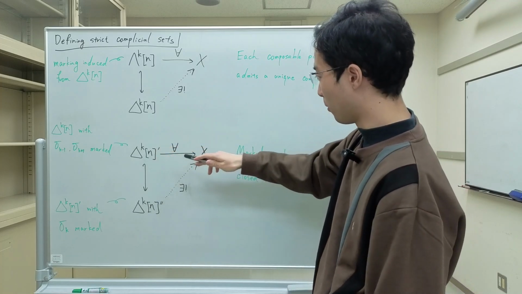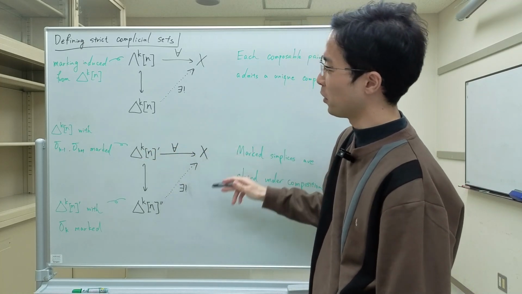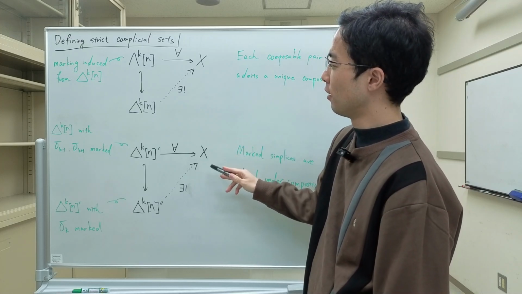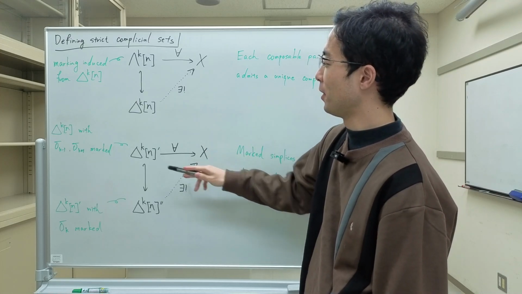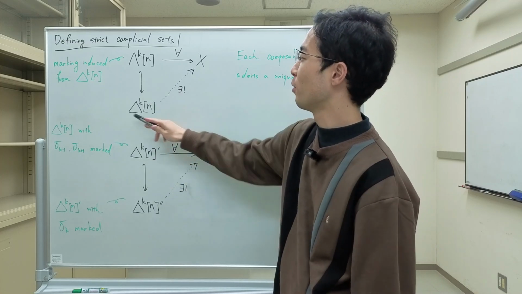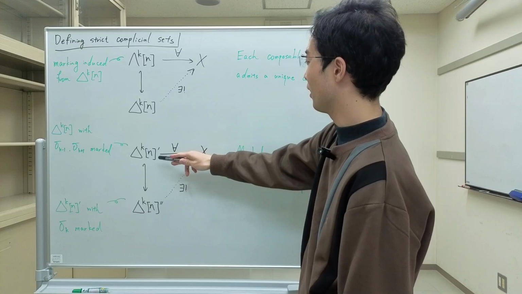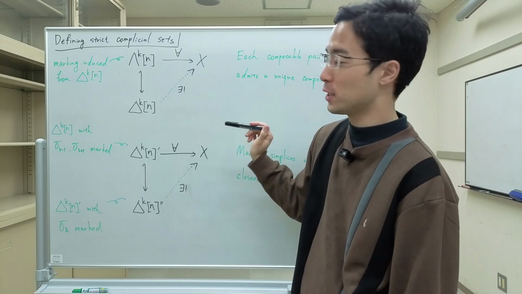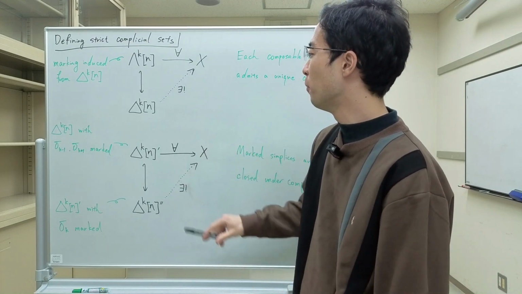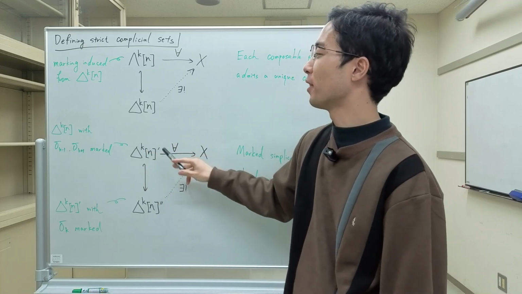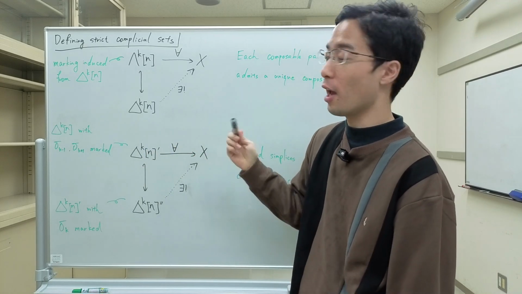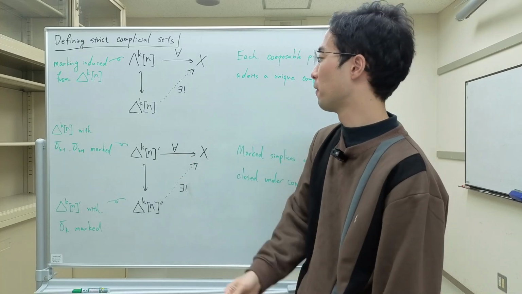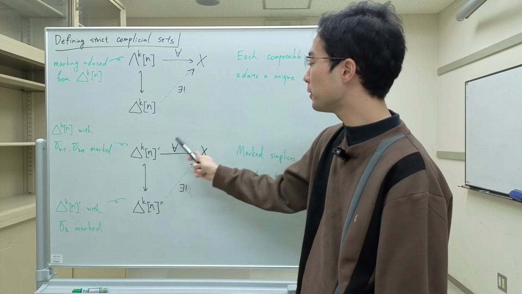So a map out of this thing into x is this with extra marking. So this is already composing the k minus first and k plus first faces into the k face, but it has this extra information that these factors, the k plus first and k minus first faces, were marked.